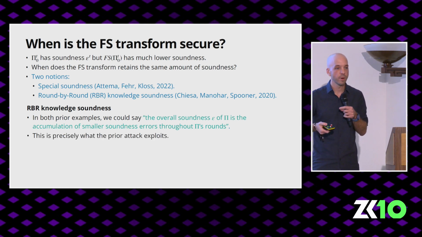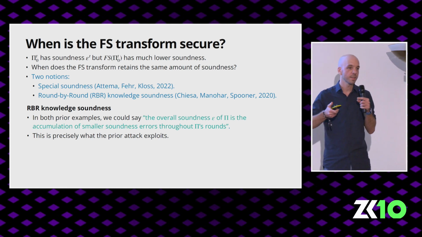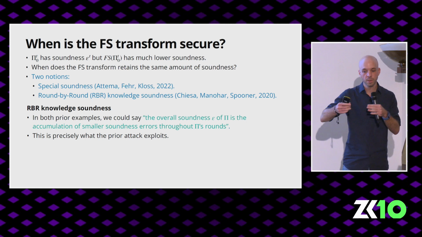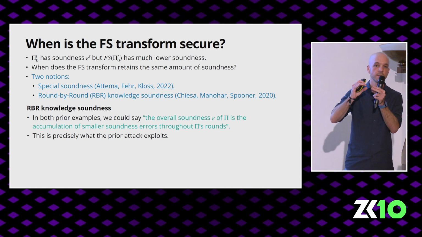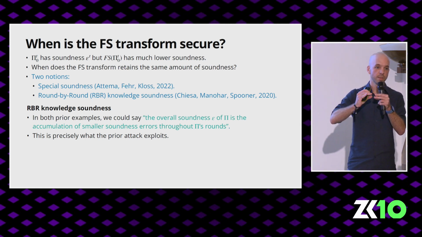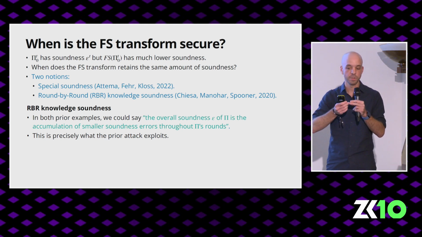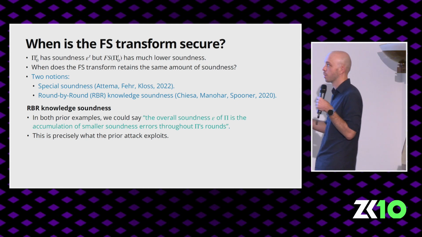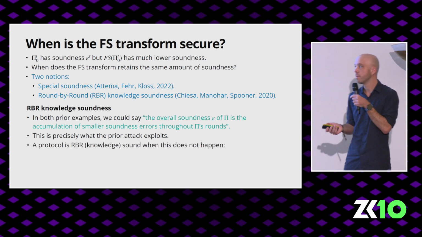But this is precisely what the attacker in the Fiat-Shamir transform can exploit. It can rewind proofs and try to break these small soundness checks, these checks that have small soundness. And then the Fiat-Shamir transform doesn't work as expected. So that's the issue with these examples I gave.